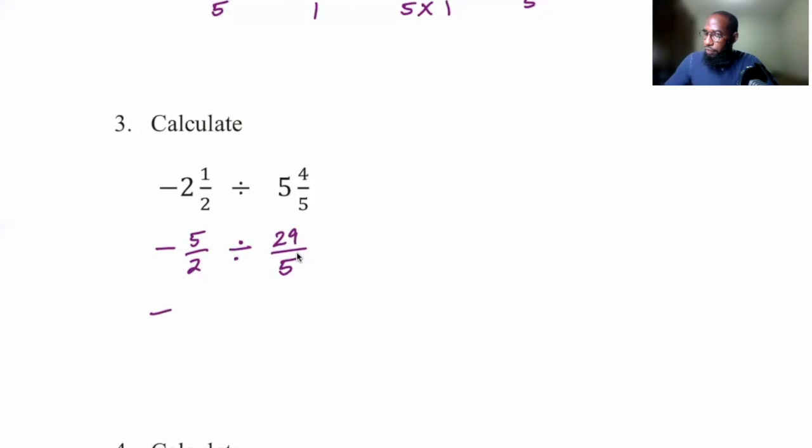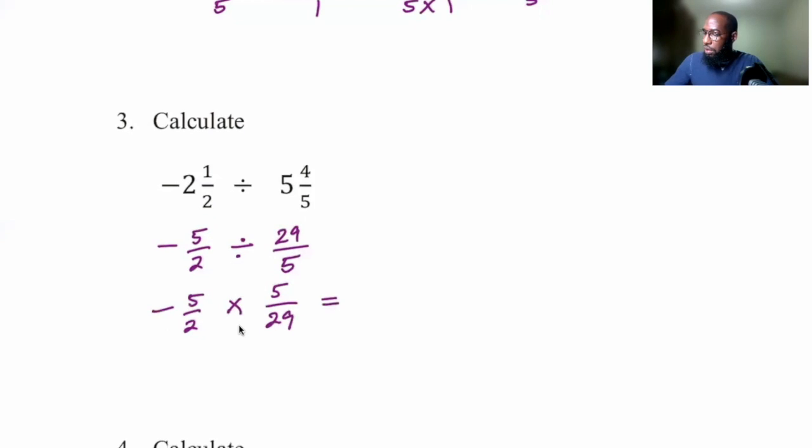So we have negative 5 over 2, multiply, change the division to multiplication and invert or flip the second term, 5 over 29. All right, check to see if you can cancel out anything. If you can't, when you're multiplying different signs, it's a minus 5 times 5, and we have 2 times 29.